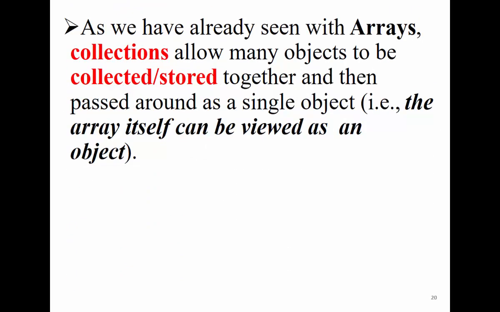Okay, so we have already seen arrays as a set of collections that allow us to store many objects, and we can sort them, we can look inside these arrays, okay? And sometimes people view arrays as an object data type.